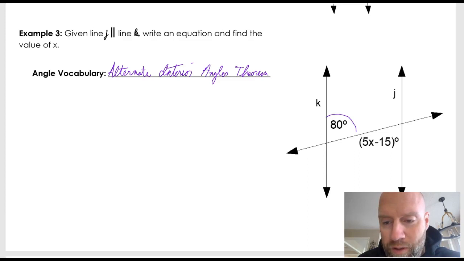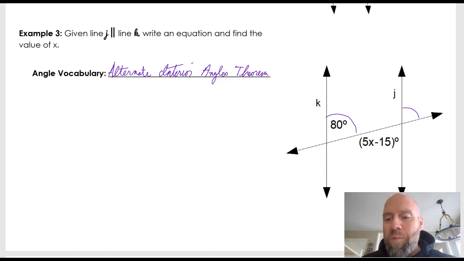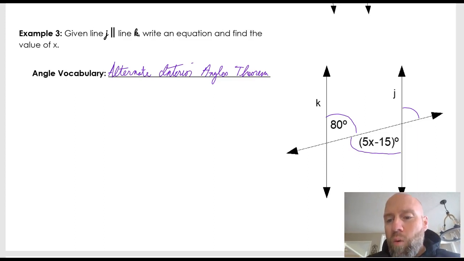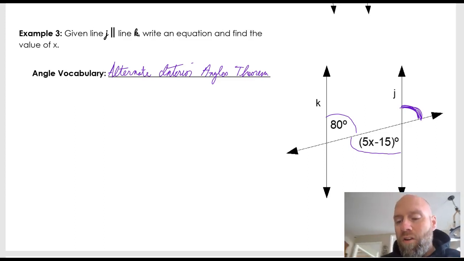This angle here that we have said is 80 degrees would be congruent to this angle here because of corresponding angles. And we can also say that this angle here that is 5x minus 15 would be congruent to the angle measure that we're discussing here because of vertical angles.